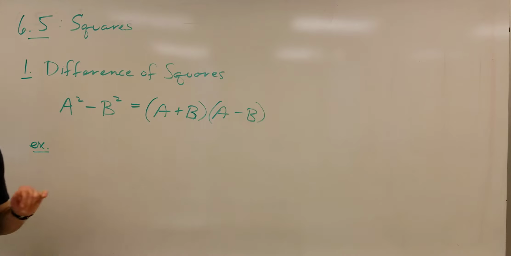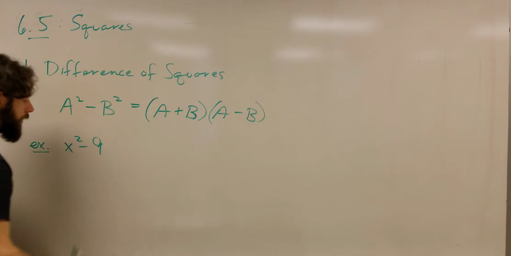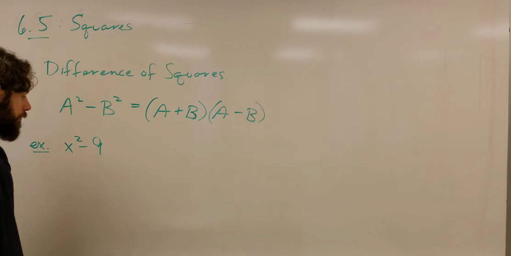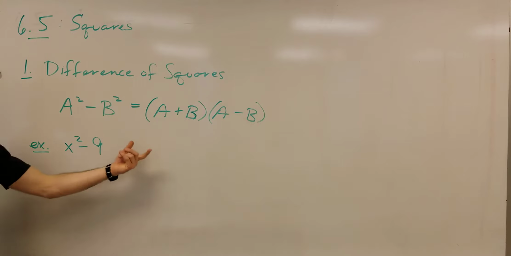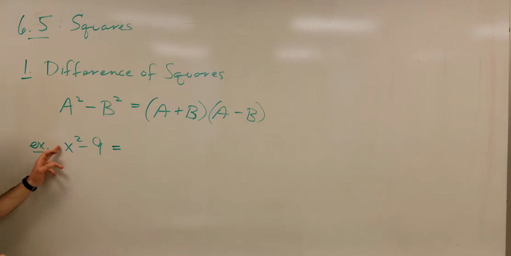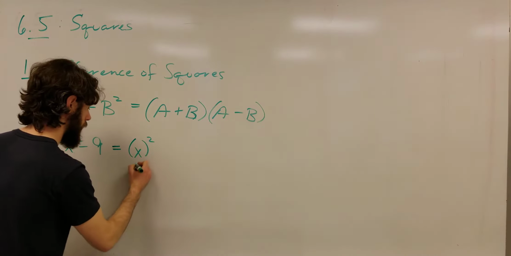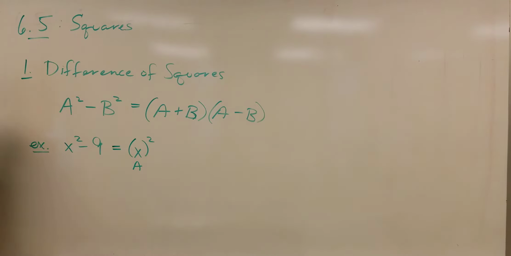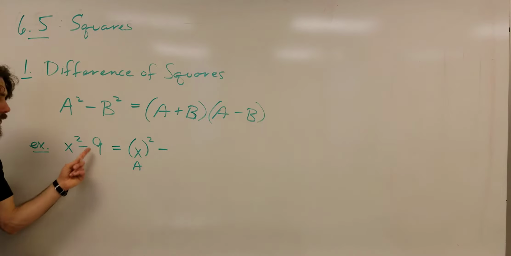These are really common things to see in factoring. So a really typical example, you might see something like x squared minus 9. It might help you at first to identify your a and your b, and then you'll see how to split up the factors. So here, the a is just going to be an x. So we have an x squared. That's our a. And then notice, 9 is a perfect square.